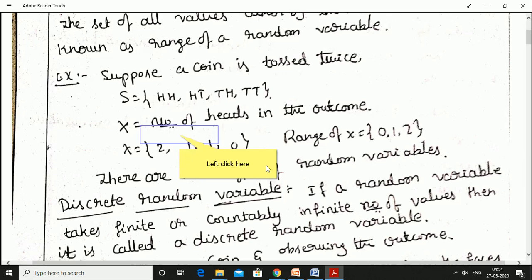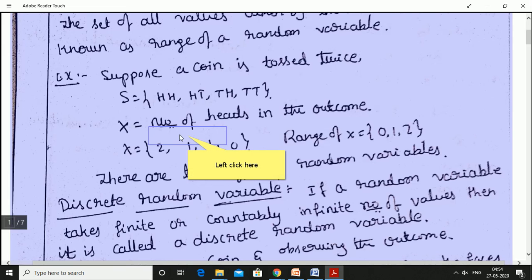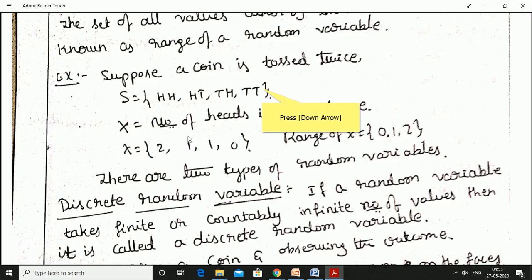So, X assigns the value 2 for HH, 1 for HT, 1 for TH and 0 for TT. Hence, X is a random variable. The set of values taken by the random variable is known as the range of the random variable. Range of X is 0, 1, 2. It is a finite set.